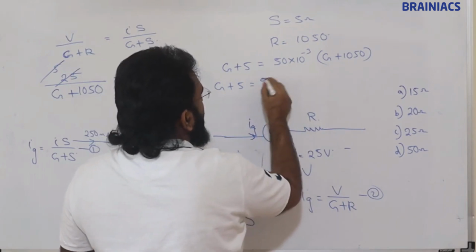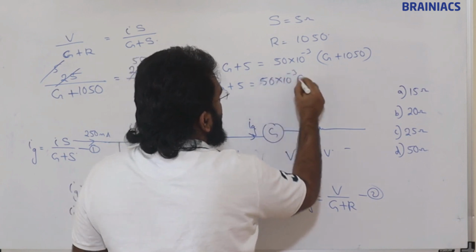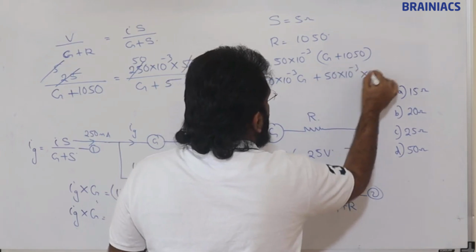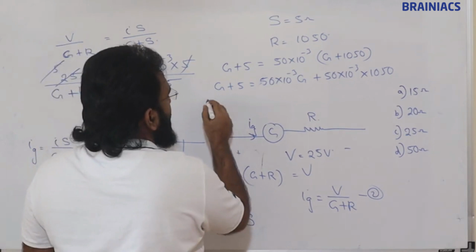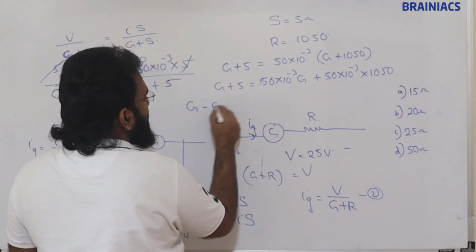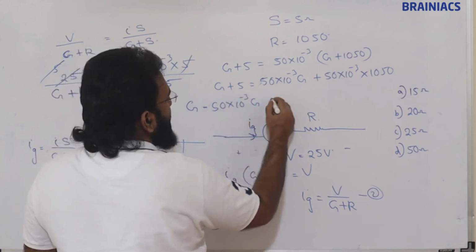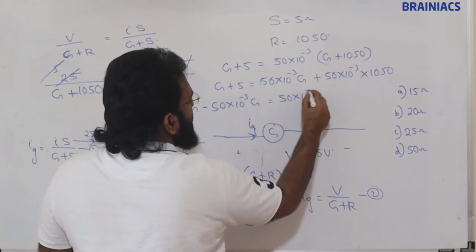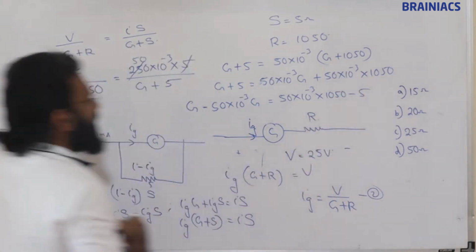So G plus 5 is equal to 50 into 10 raised to minus 3 G plus 50 into 10 raised to minus 3 into 1050. Here, when we bring G to this side, G minus 50 into 10 raised to minus 3 G is equal to 50 into 10 raised to minus 3 into 1050 minus 5.